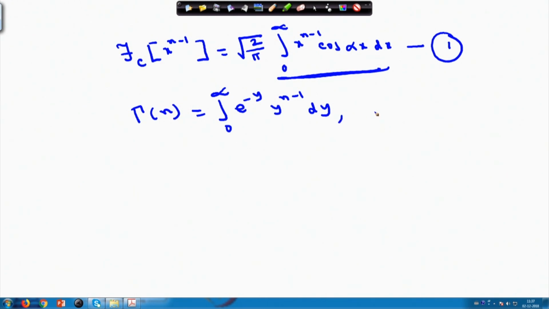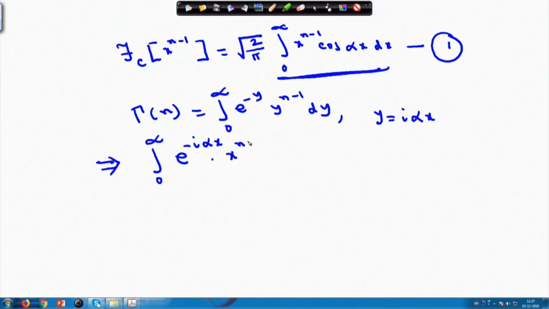Here substitute y equals i alpha x. If I substitute y equals i alpha x, then you will get integral 0 to infinity e power minus i alpha x, and y to the power n minus 1 is there.